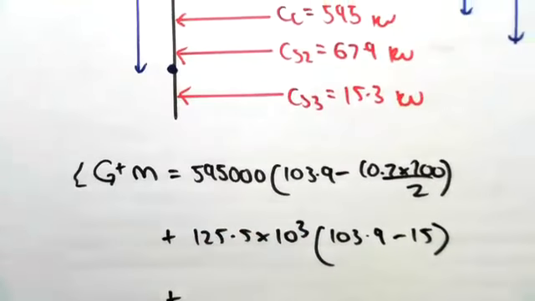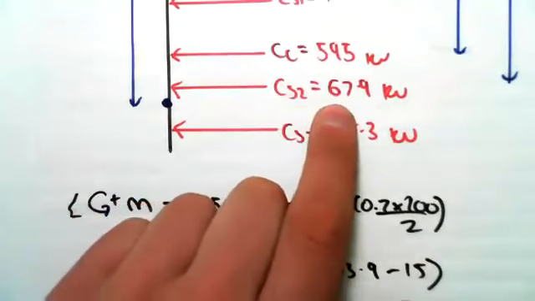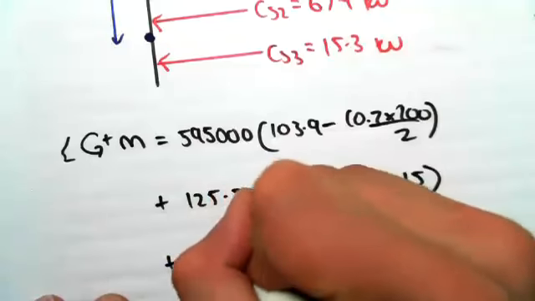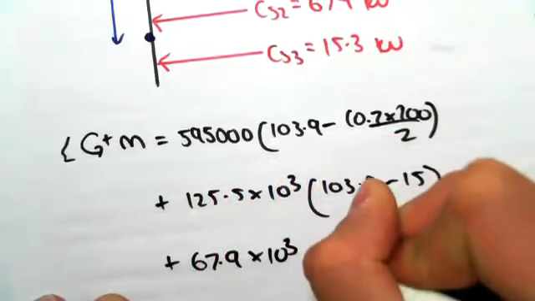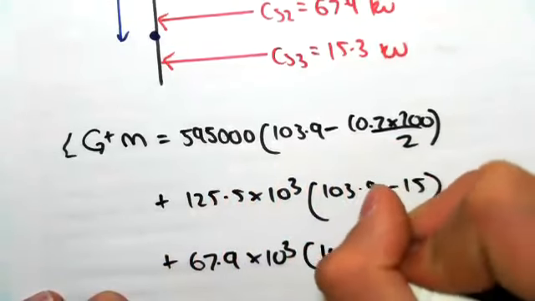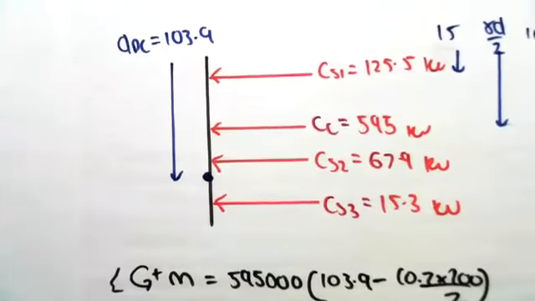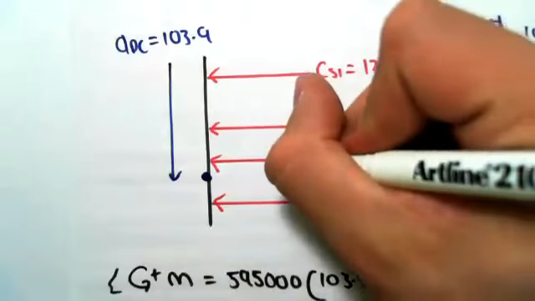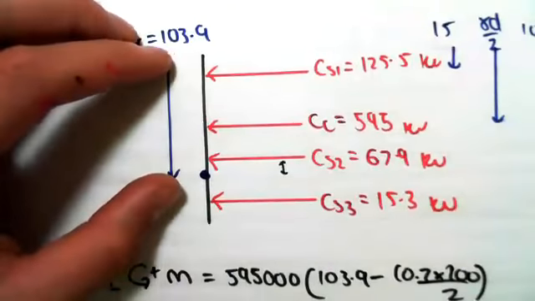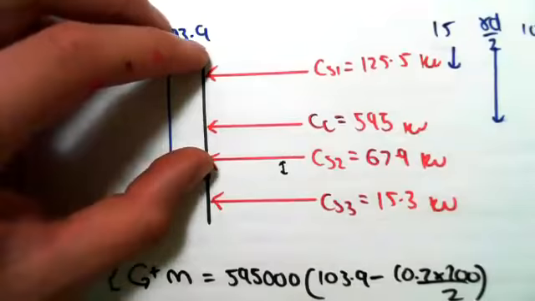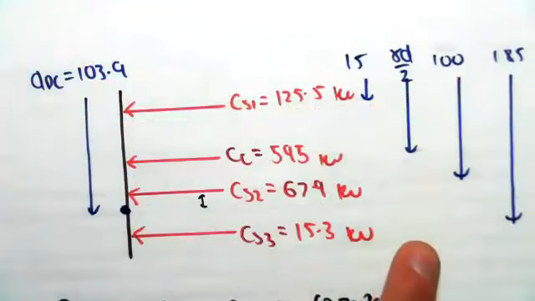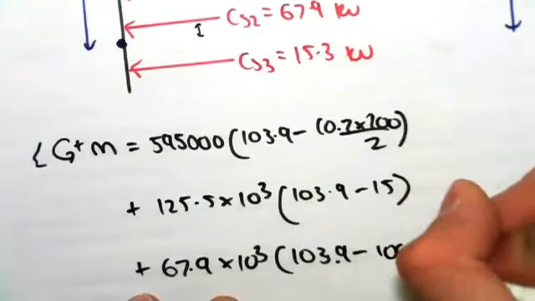Plus steel layer 2, so 67.9 times 10 to the 3 to get it in newtons, times its lever arm, which would be this tiny distance here, which is 103.9 minus the distance from the top, which was 100. Okay, so minus 100.